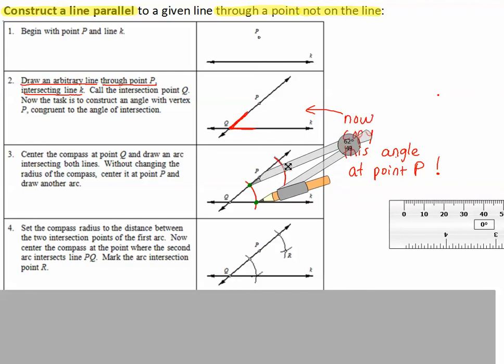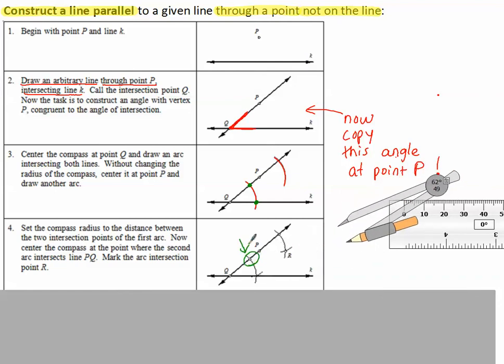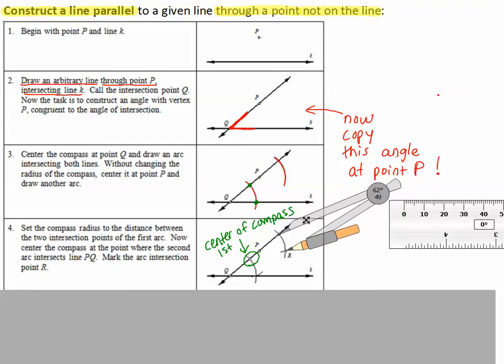So I'm going to put the center of my compass here to draw that arc. So perhaps you make yourself a note where they're showing the little arcs. The center of the compass first goes here, then we can move it over here and draw that little arc. Okay?